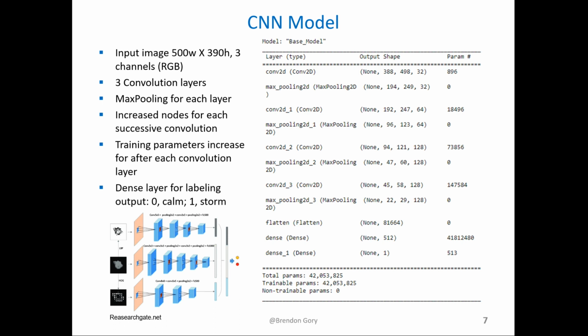All told, we have 42 million trainable parameters, which are 42 million nodes within the CNN model. Eventually, we will flatten the layers so that we have a binary classification of 0 or 1, and in this case 0 will be calm, and 1 will be storm. And again, this goes back to the directory structure that we set up from the image generator.